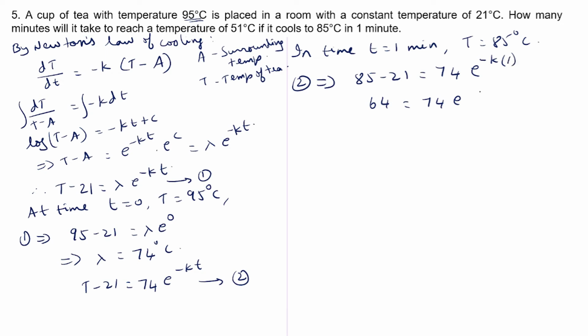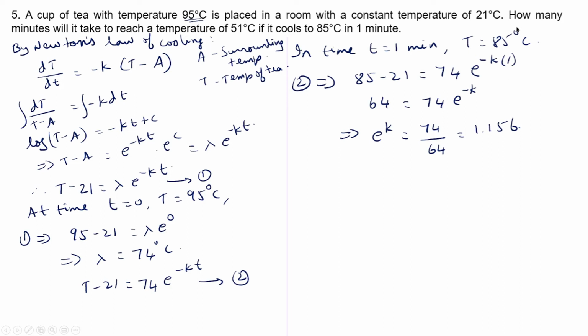So from this we have e raised to k equal to 74 upon 64, which is 1.156.